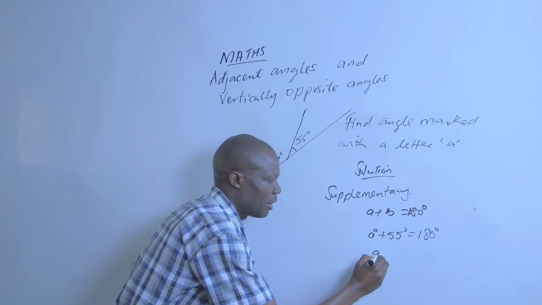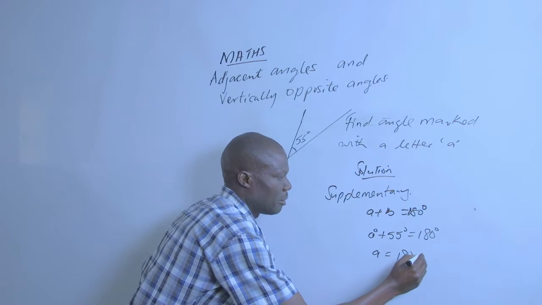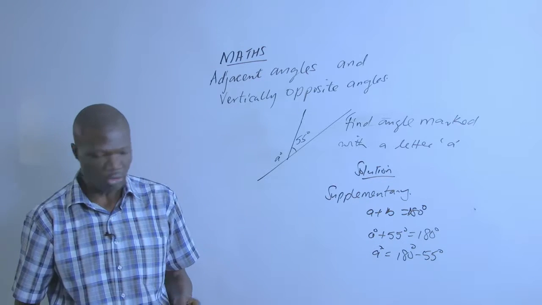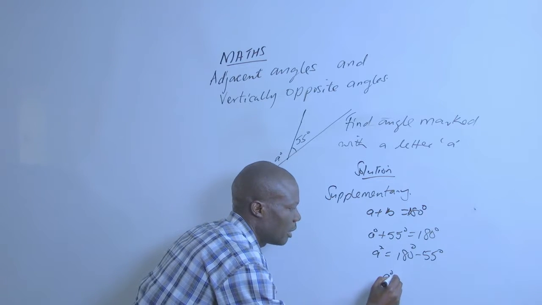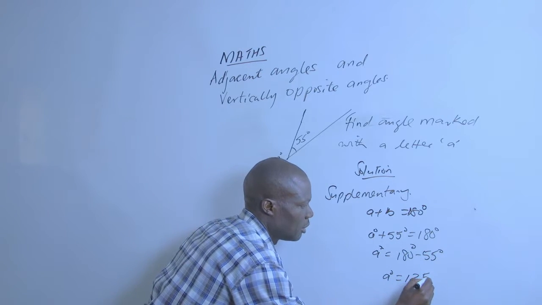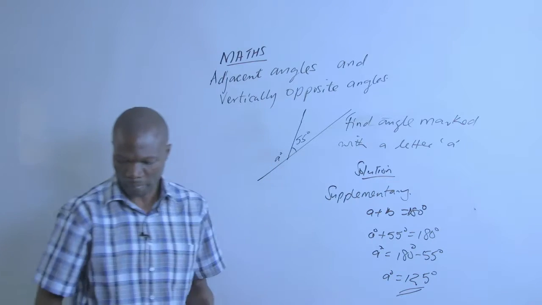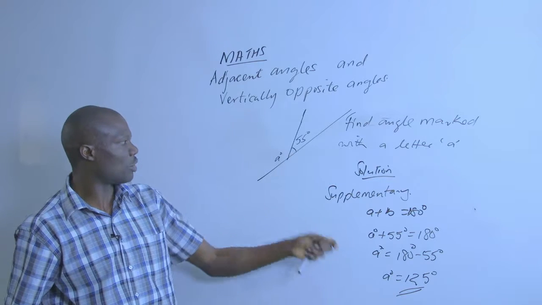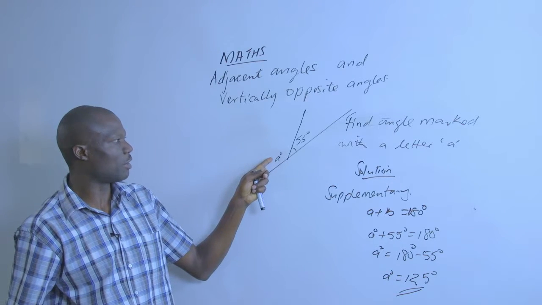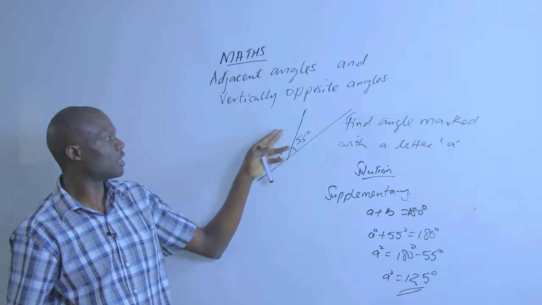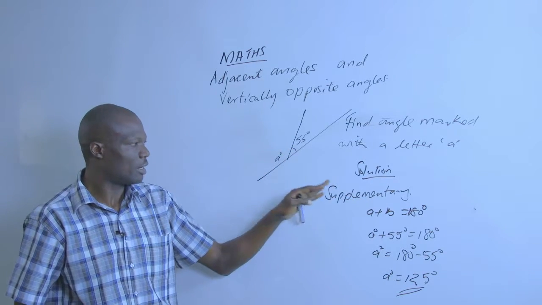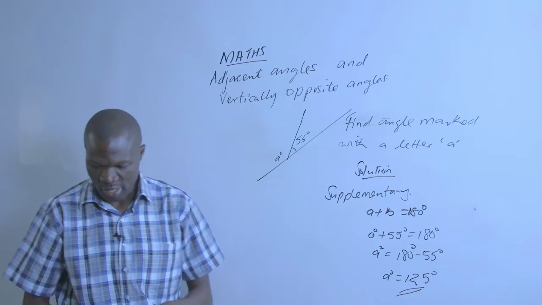So our A is 180 minus 55 degrees, which will give us A as 125 degrees. So we have been able to calculate the size of this angle using the relationship of the two adjacent angles, which we said are supplementary angles.